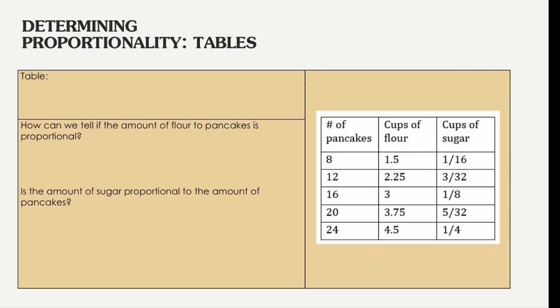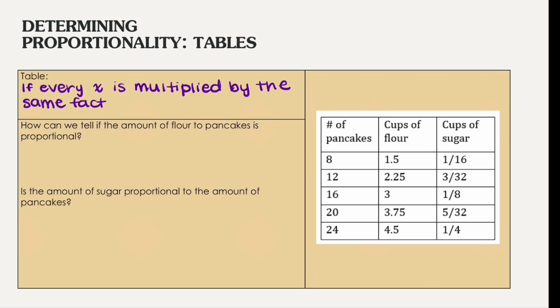Next up, we're going to be talking about tables. And you've probably seen tables before. In a table, we can tell that they're proportional if every x is multiplied by the same factor, like a scale factor, to get to y.